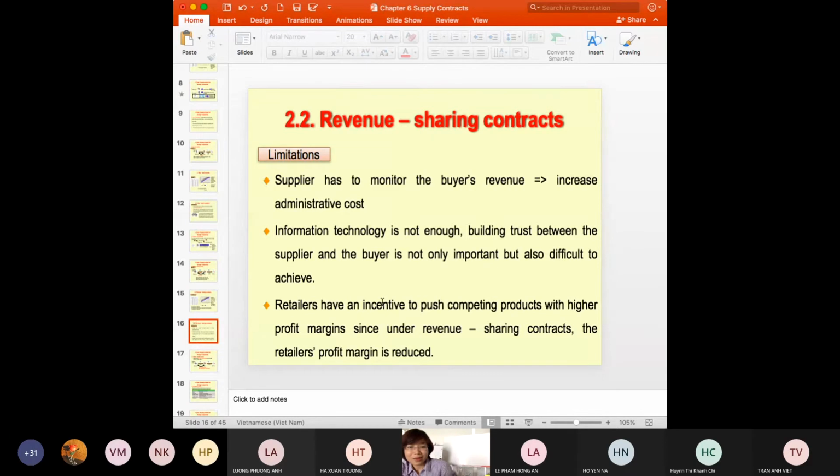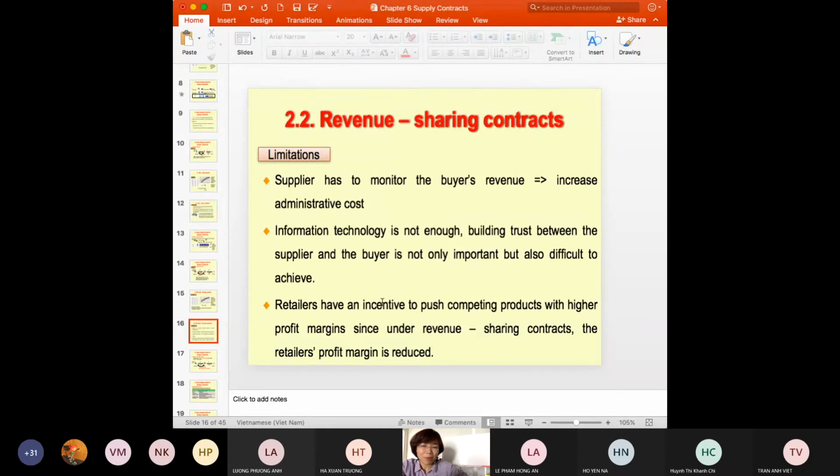So it means the retailer has many products, but with the revenue sharing contract, they don't want to push that, because if they sell more of that product, they have to share the revenue with the supplier, right?